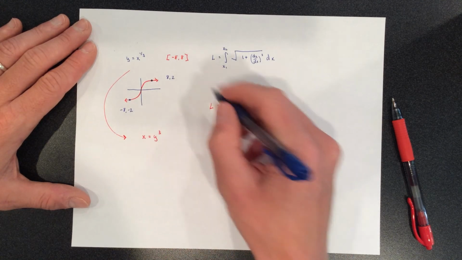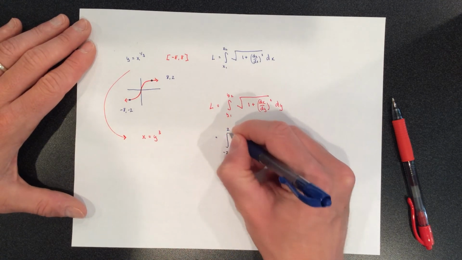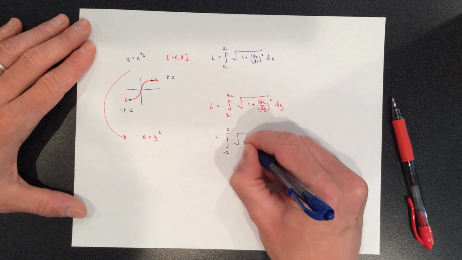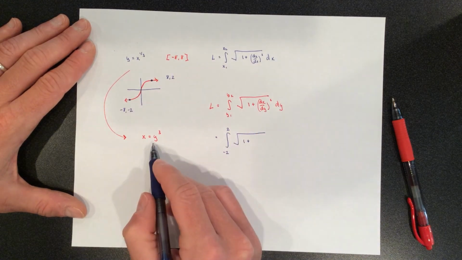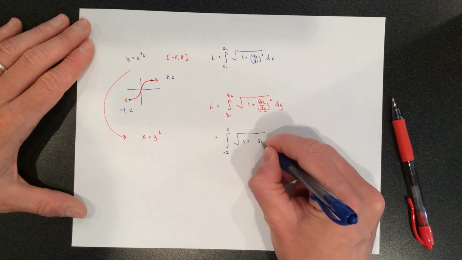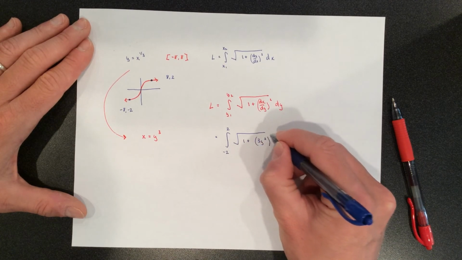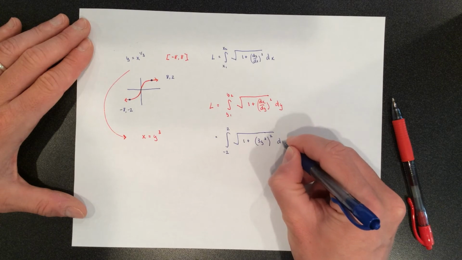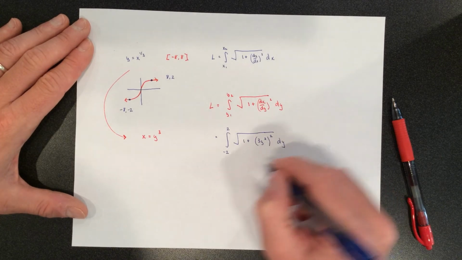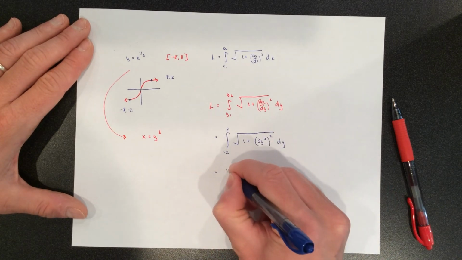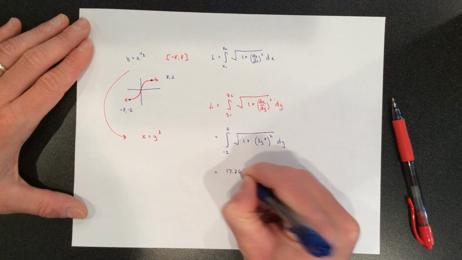So instead of negative 8 to 8, I'm going to integrate from negative 2 to 2 of the square root of 1 plus dx dy, which is 3y squared, squared dy. And if you type that in on your calculator, you're going to get 17.26.